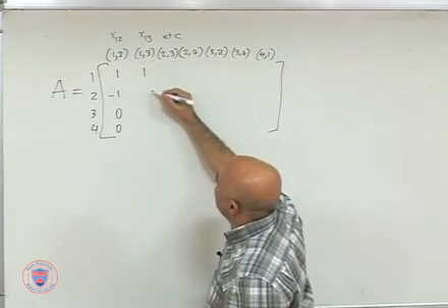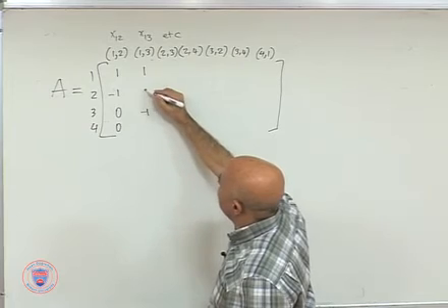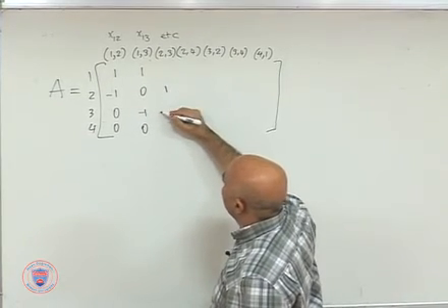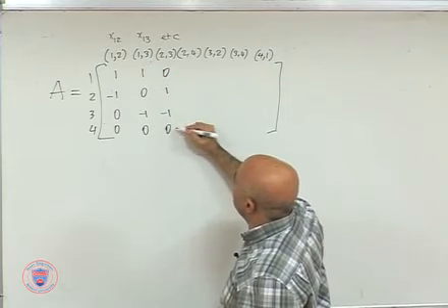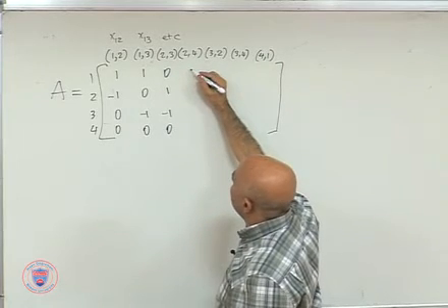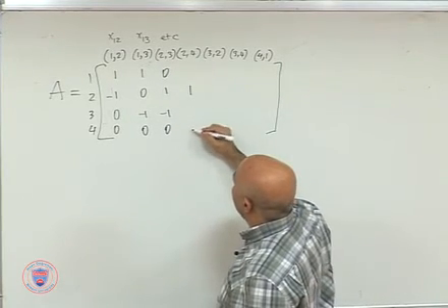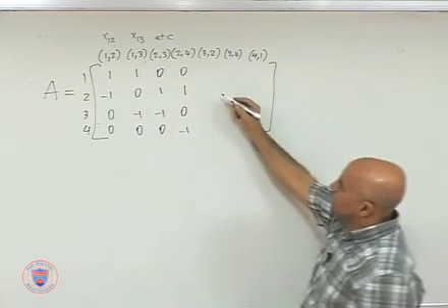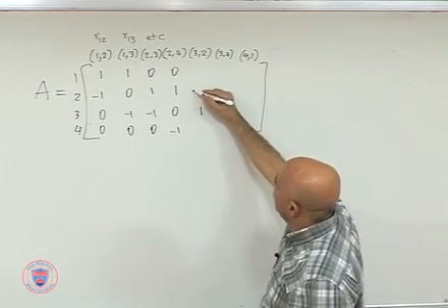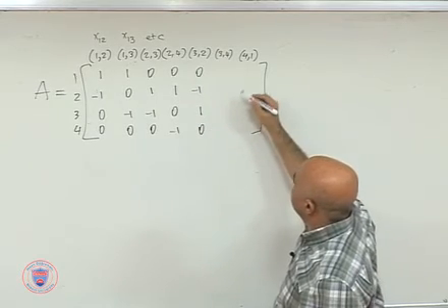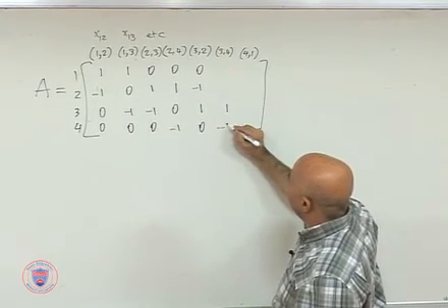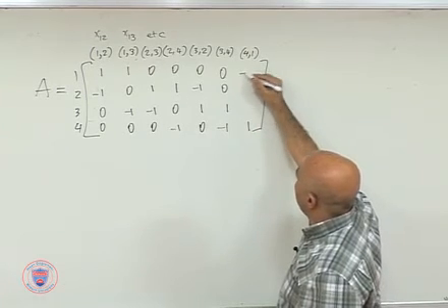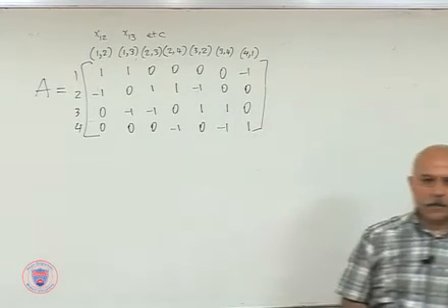Column 1,3 has a +1 here, -1 here, zeros elsewhere. 2,3 has +1, -1 with zeros elsewhere. 2,4 has 1 and -1, like that. 3,2 has 1, -1, 0, 0. 3,4 has 1, -1, 0, 0. 4,1 has +1, -1, 0, 0. It's got this structure.